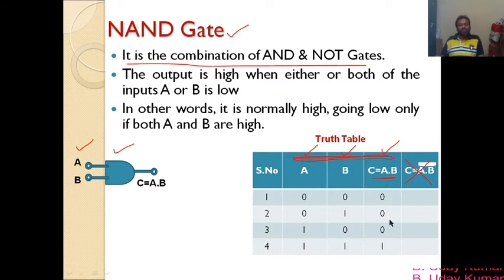Okay, so this is the truth table of the AND gate. This truth table will help us understand the working of this AND gate. So I hope it is clear.